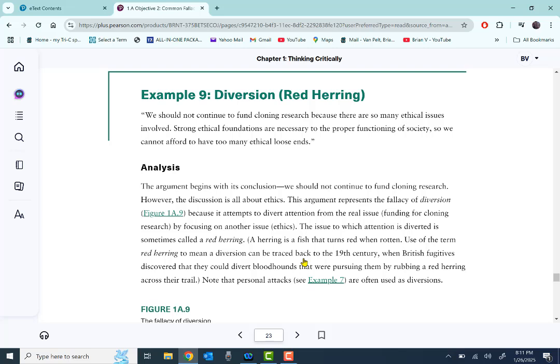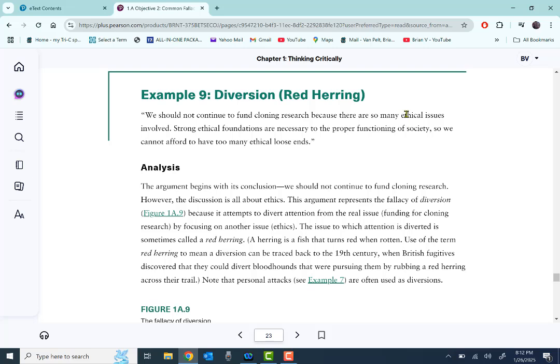Strong ethical foundations are necessary to the proper functioning of society, so we cannot afford to have too many ethical loose ends. Now here, if you look, they don't want to continue funding cloning research. This is what they're asking about, funding research. And this person has shifted to ethical issues. The ethical issues don't have any direct relationship to funding of cloning research.